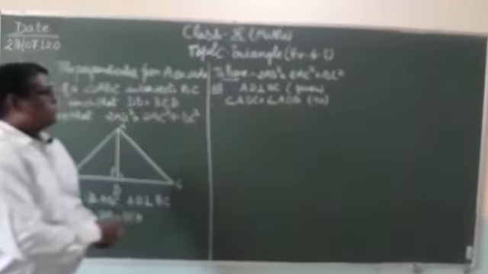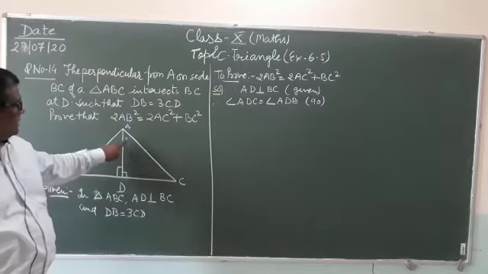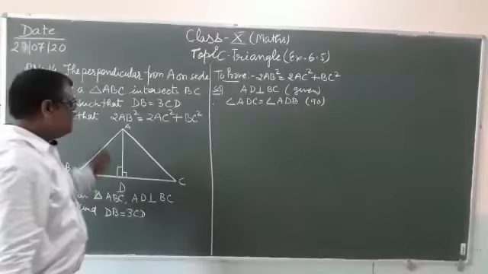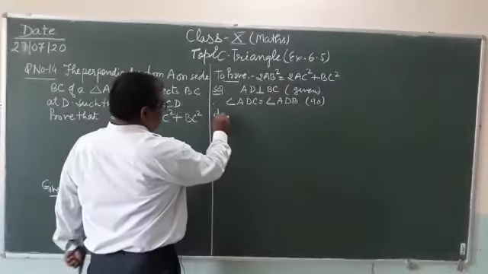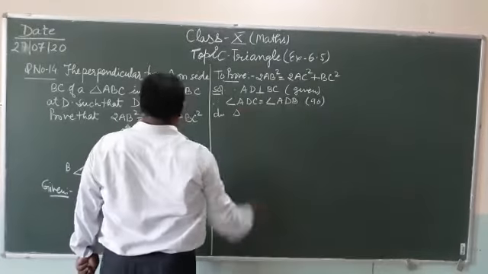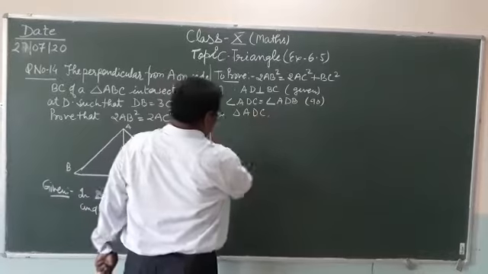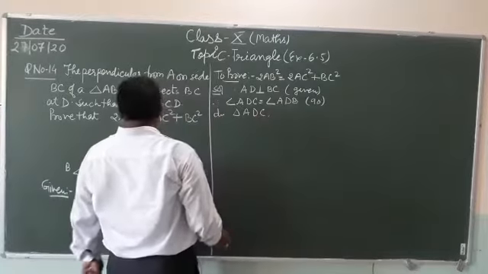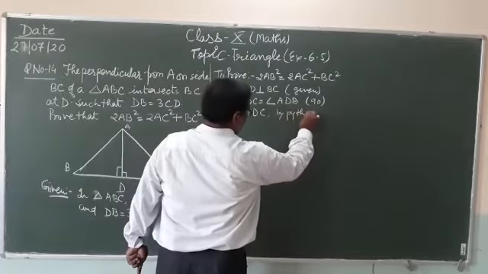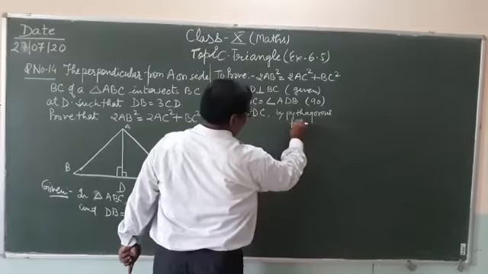Now here there are two right triangles, ADC and ADB. So now we will take triangle ADC, by Pythagoras theorem.